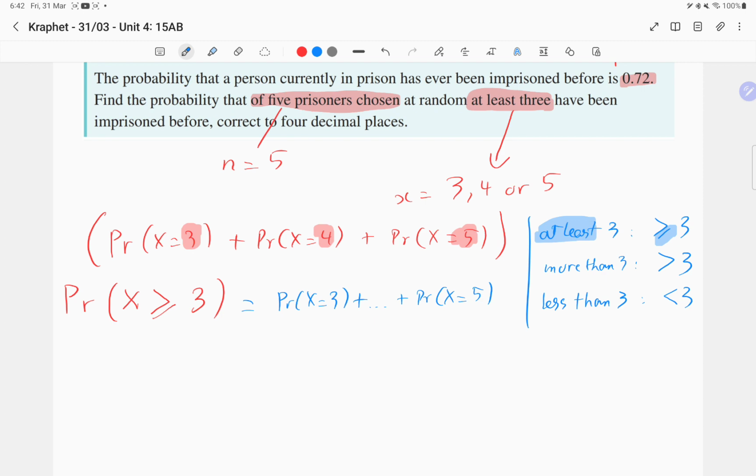It's saying all the values between 3 and 5, because sometimes you don't get a short range like 3, 4, 5. You might get 3 to 10. So you write probability x equals 3 plus dot dot dot plus PR x equals 10, meaning all the values between 3 and 10, for example. In this case, it's all of the possible numbers of successes between 3 and 5. And after that is using the GC.